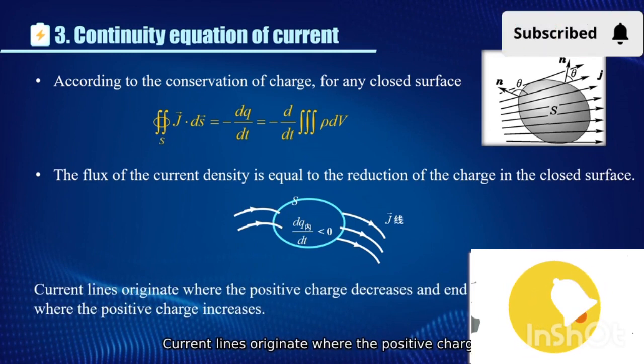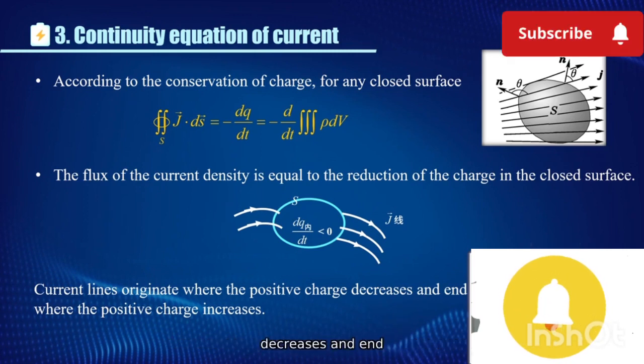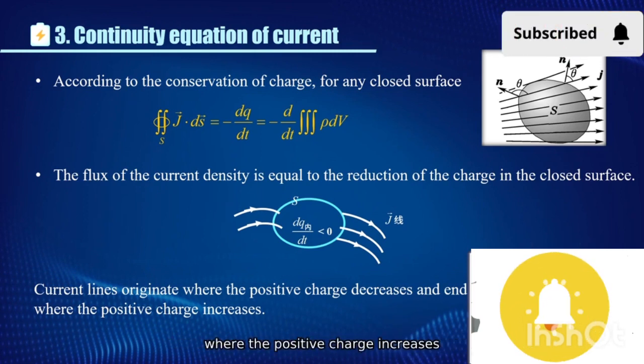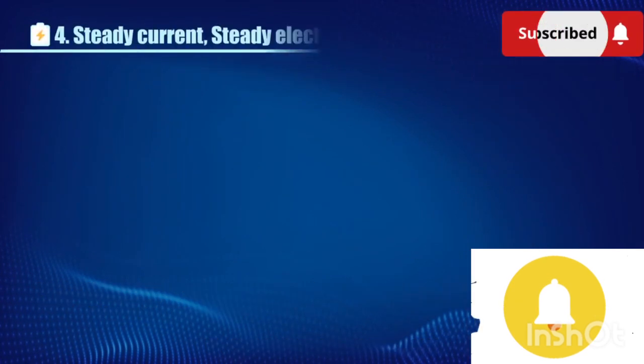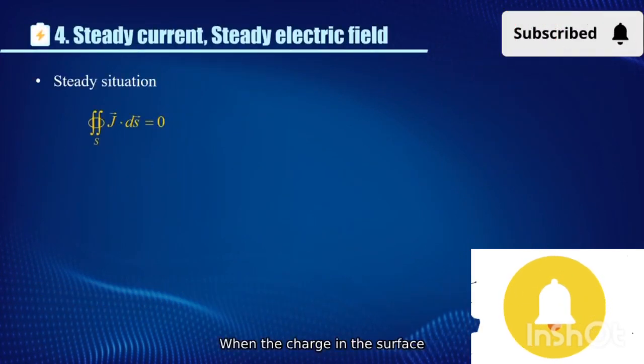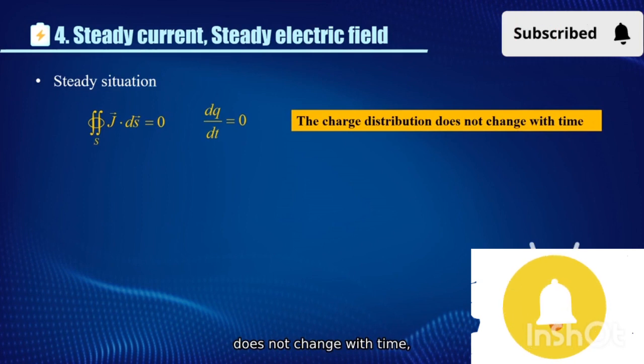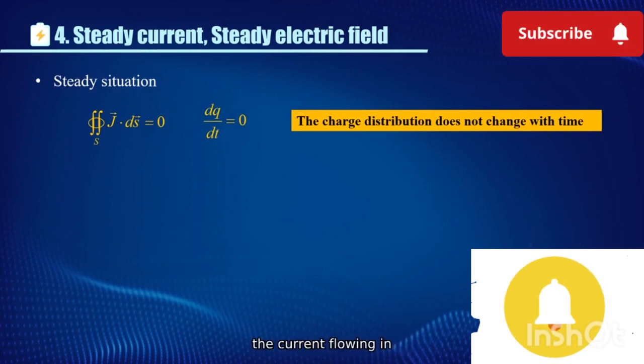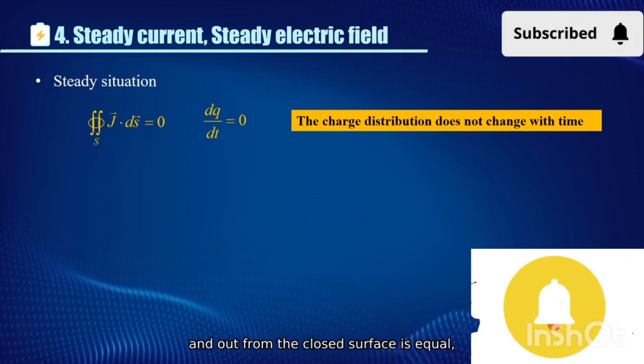Current lines originate where the positive charge decreases and end where the positive charge increases. When the charge in the surface does not change with time, the current flowing in and out of the closed surface is equal.